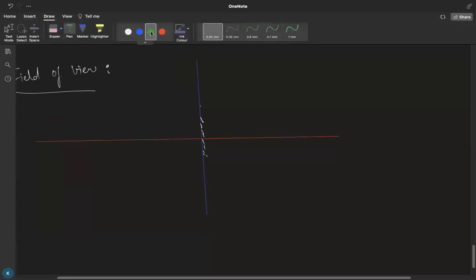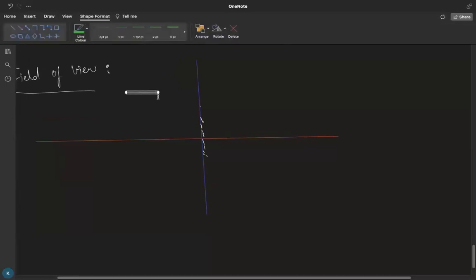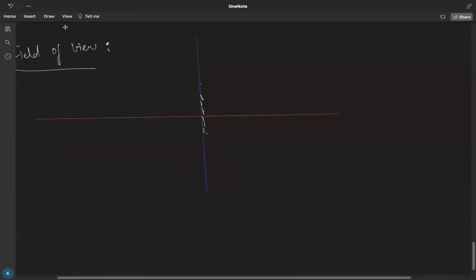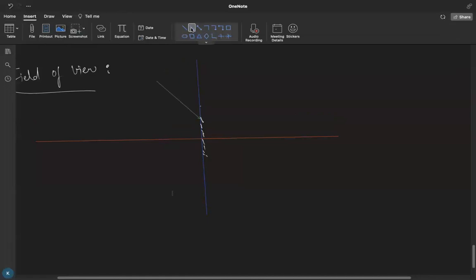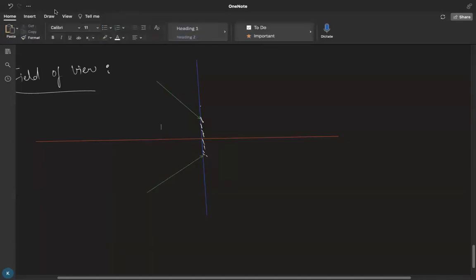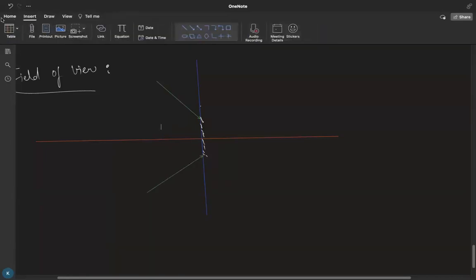Let's take the green color now. I'm going to insert a ray of light in this way, and another ray of light in this way. From the same point onward, we have to take the reflected ray of light.